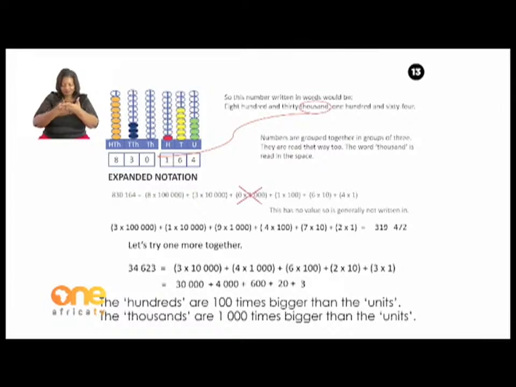The third abacus on our notes is explained as follows: this number is written in words. There is 830,164, and we write it in words.